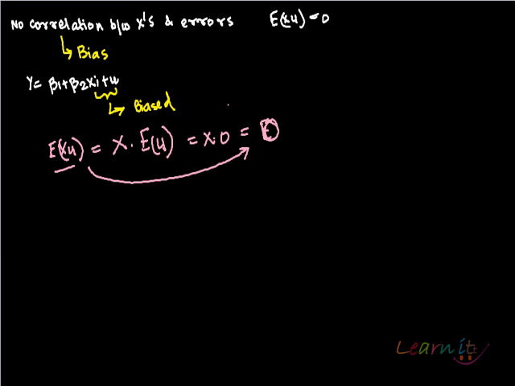Now some more explanation to this is that suppose your true model is y is equal to beta 1 plus beta 2 x star plus u. Clear? This is your true model.